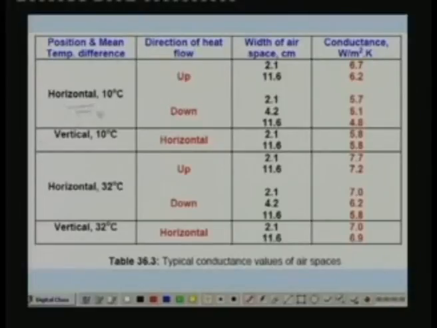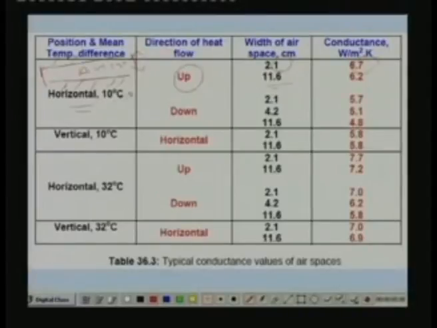For example, for a horizontal air space like this, if the heat transfer is upward, that means from the bottom surface to the top surface, and the air gap is 2.1 centimeters, this is the conductance value. If it is 11.6 centimeters, the conductance value is 6.2.